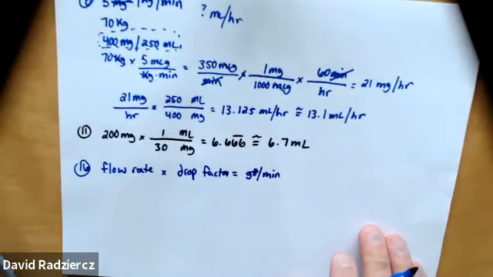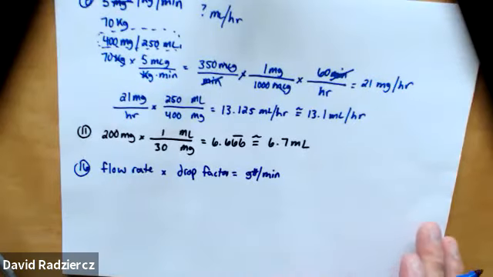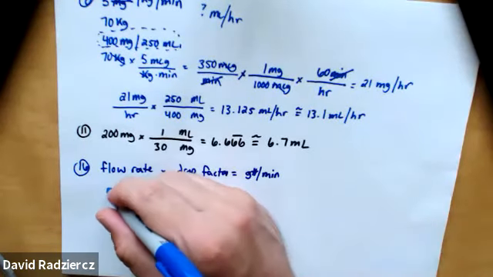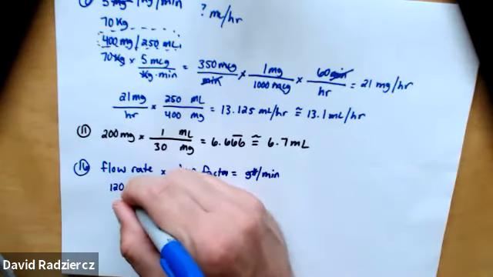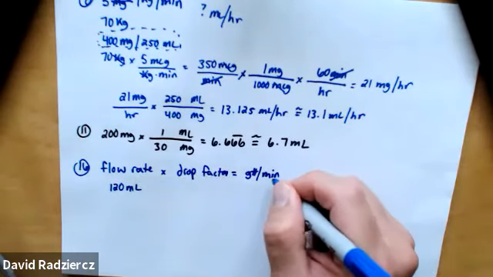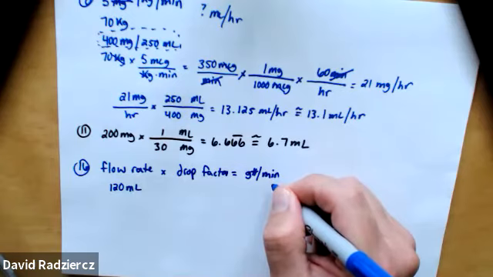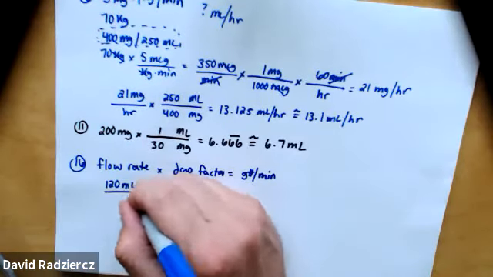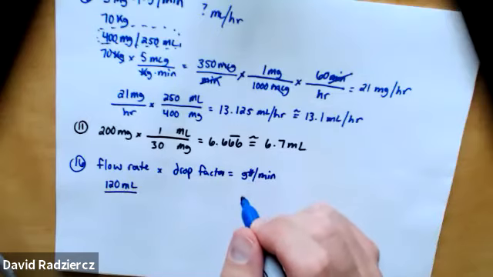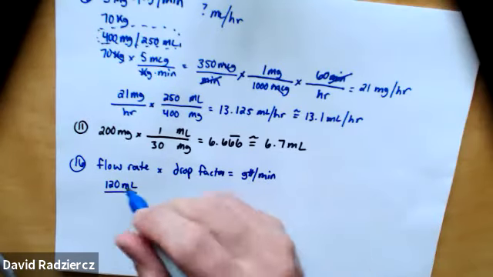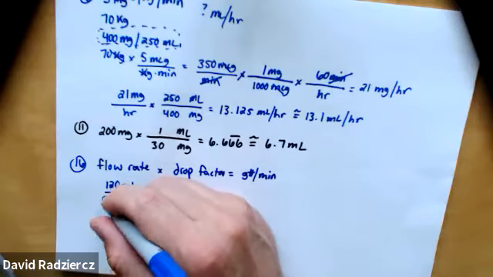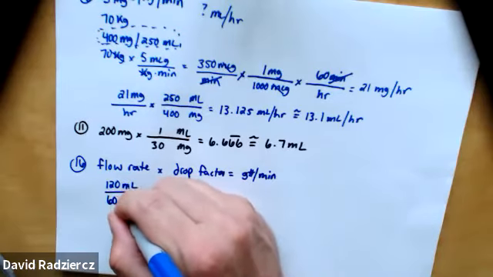So we have something infusing at 120 milliliters per hour. Now, ultimately, I want this in minutes. So to simplify the process, 120 milliliters per hour, and then I'm going to do 60 minutes because 60 minutes equals 1 hour, right?